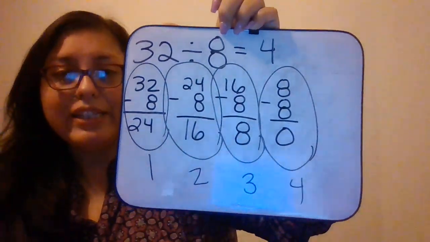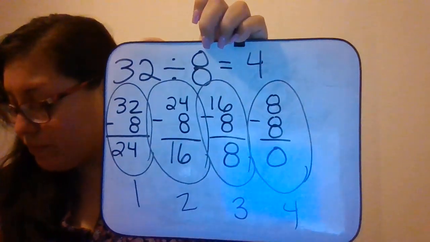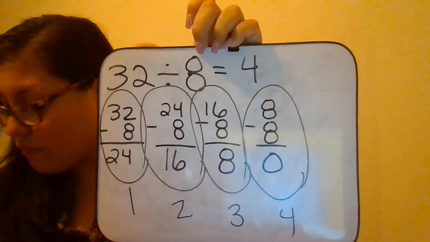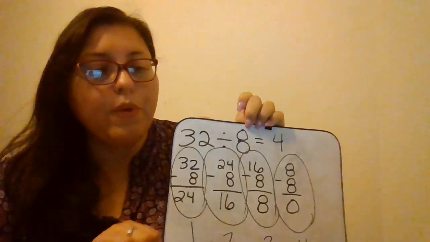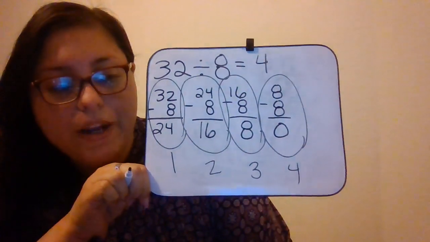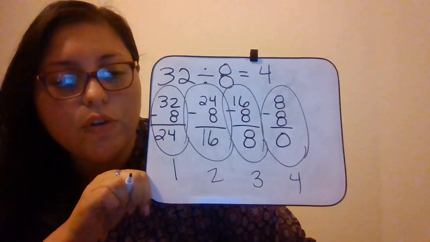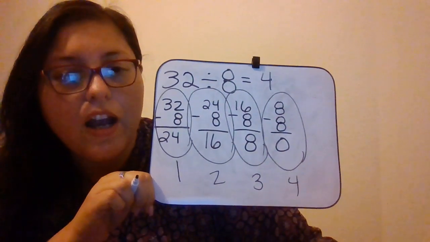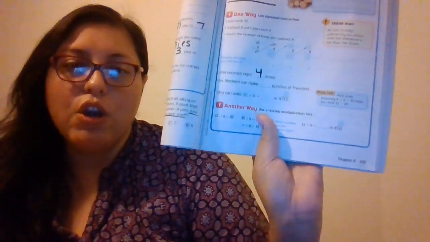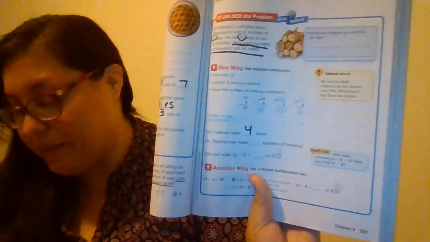So let's go ahead and write the number 4 on your work. Here you subtracted 8 4 times. So we write 4 right there. See? We subtracted 8 4 times.